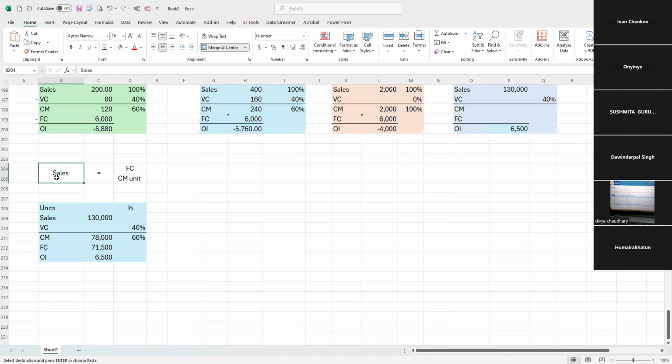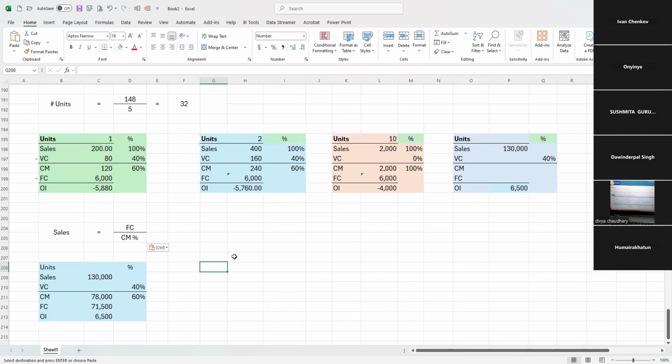This will be the formula that you can use, right? So can you find me the sales of the break-even? The fixed cost is 71,500 divided by contribution margin 60%. And then the unit we can also find. Unit equals fixed cost divided by contribution margin per unit.